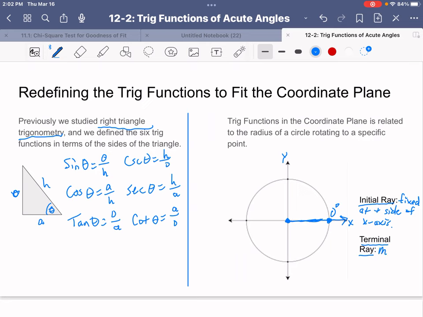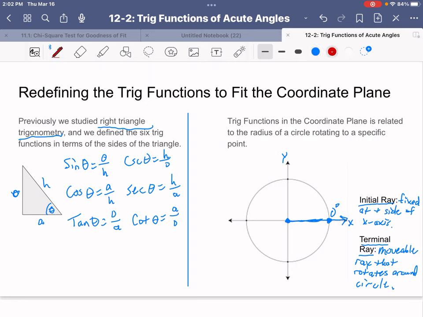That is a movable ray that rotates around the circle. Now, for today, we only rotate the terminal ray counterclockwise.